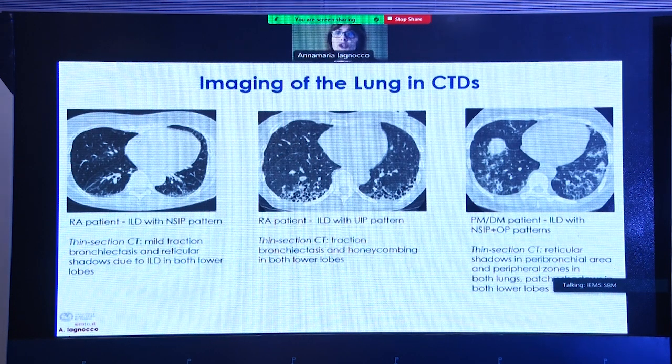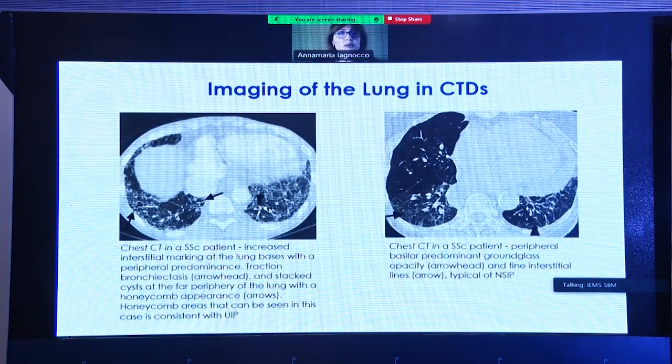CT scans show reticular shadows in the peribronchial area and patchy shadows in both lower lobes. But the most evident abnormalities can be detected also in systemic sclerosis.